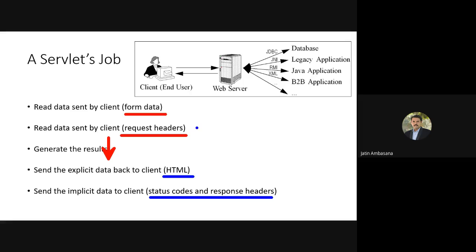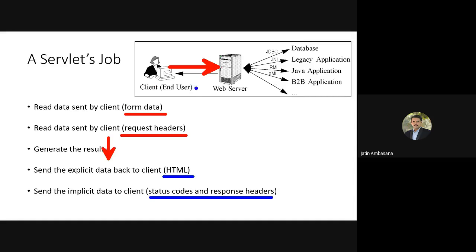Okay, so remember, whenever the client sends the request, it can have either data, that is form data, and the request headers. These both things can be there. Especially request headers will always be there. Form data might or might not be there.